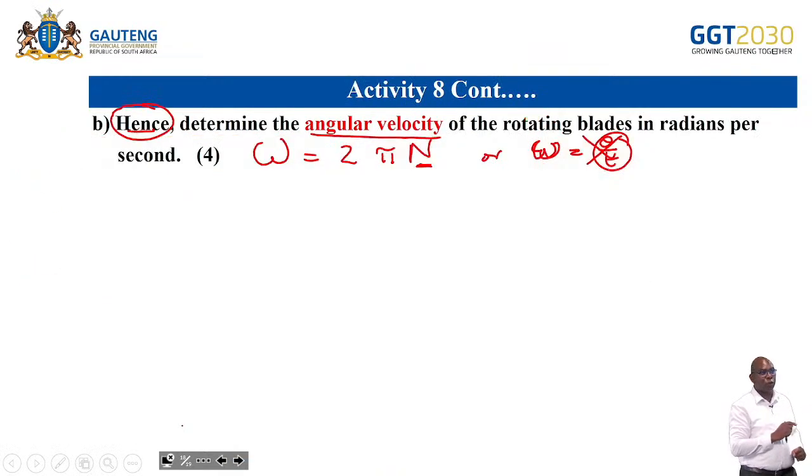So what I need to do is to then find how to get the number of revolutions that we need. I'm going to give you this question to do now. I'm giving you 4 minutes to do that question, and then we'll wrap up with that question. Your 4 minutes will start from now.